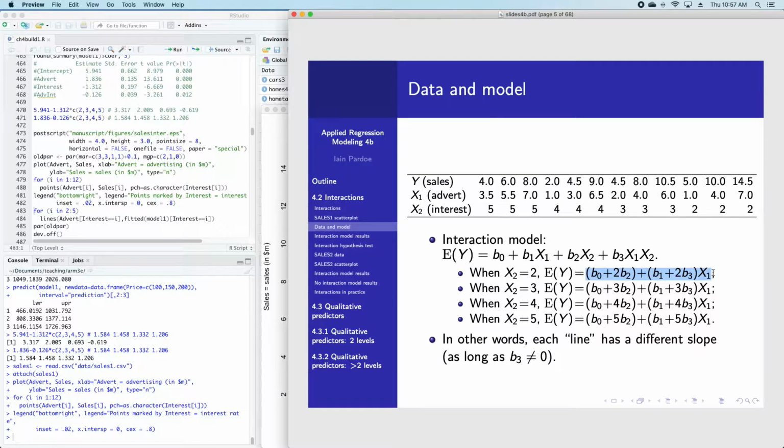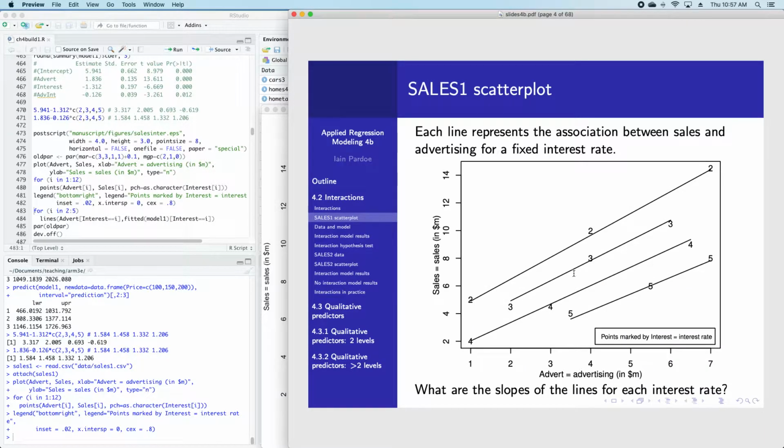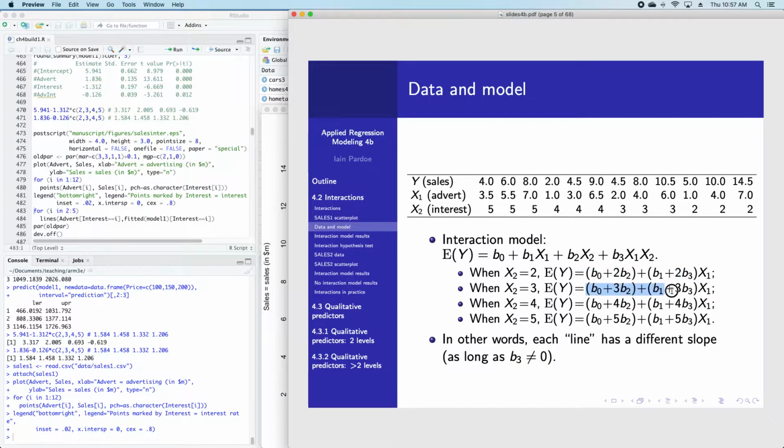Okay, so this line here going close to the points marked 2 is this equation, and this line here going close to the points with a 3 is this equation, and so on. So I've got 4 lines all with different intercepts and different slopes. Okay, and if I look at the equations of the slopes, these are all going to be numbers.